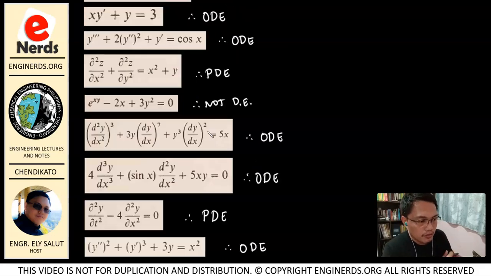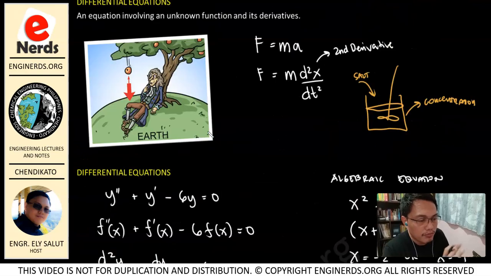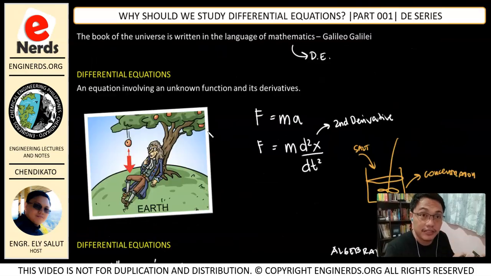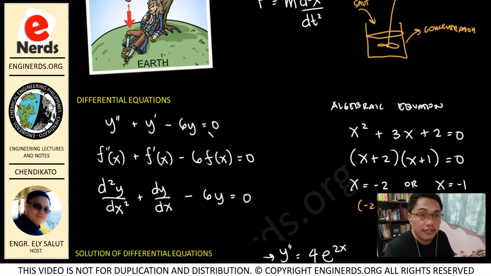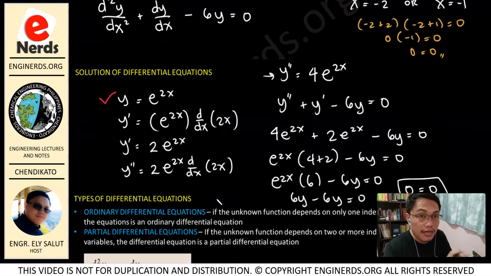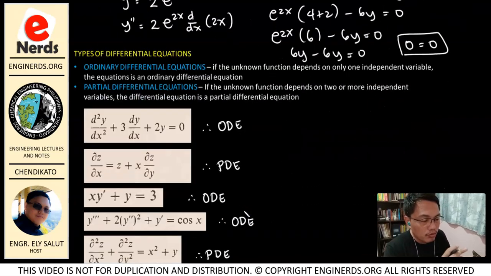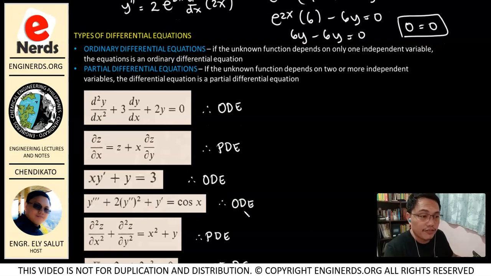So this is how you identify whether our differential equation is an ordinary differential equation or a partial differential equation. So in this lesson, we have learned why we study differential equations, where we apply them, what a differential equation is, how it differs from an algebraic equation, and how we know the solution of our differential equation. How can we prove if an equation or a function is the solution of our differential equation, and we also know how to identify an ordinary differential equation and a partial differential equation.